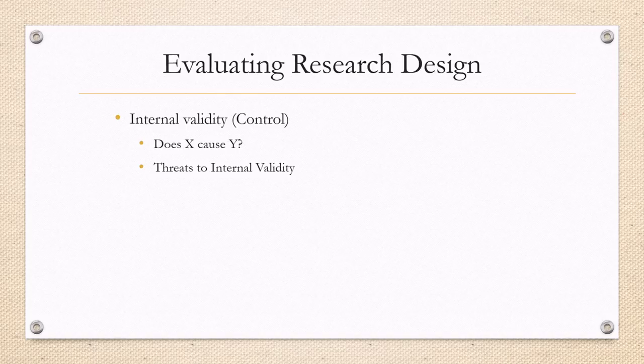However, if one condition is more onerous or more difficult to be involved with, people may be more likely to drop out. So we can't tell if the results are a matter of the condition itself, the manipulation we included, or the differences in the people that are left.